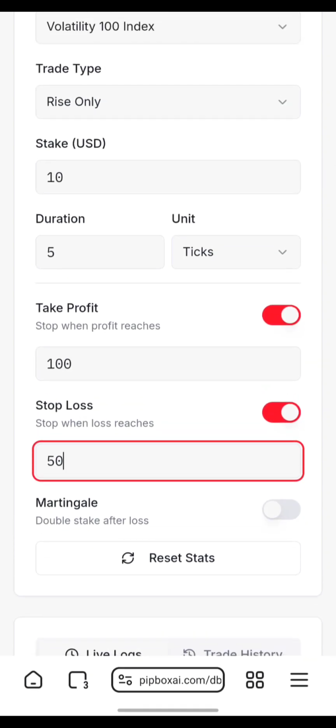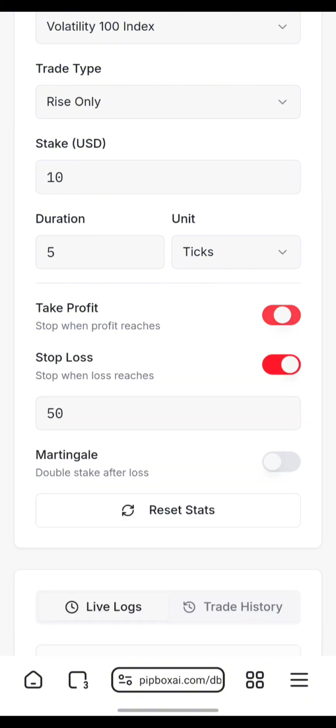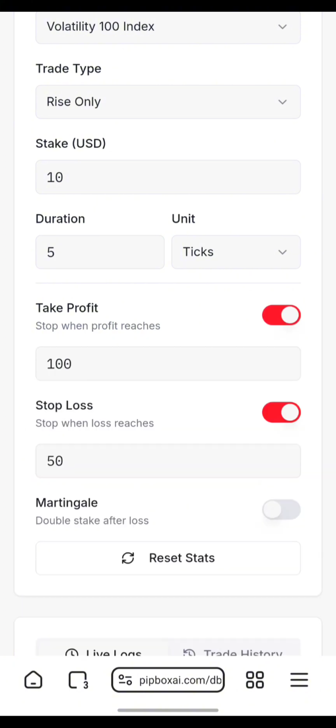Okay, so another important thing that you need to note is these options here. These options are very important because they tell you these are like you switching on and off. Okay, so if you want the trade to stop when profit reaches, you enable it, unless you want to go manual.